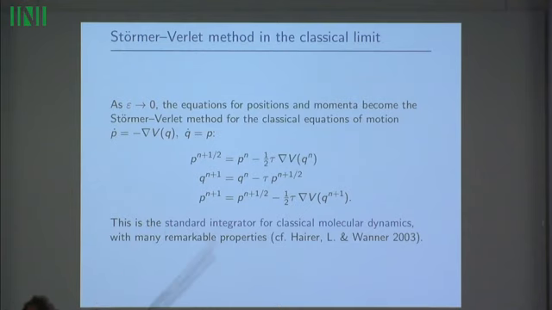So in the limit case epsilon going to 0, it goes to something that is the gold standard in molecular dynamics, which of course is a nice asymptotic property.